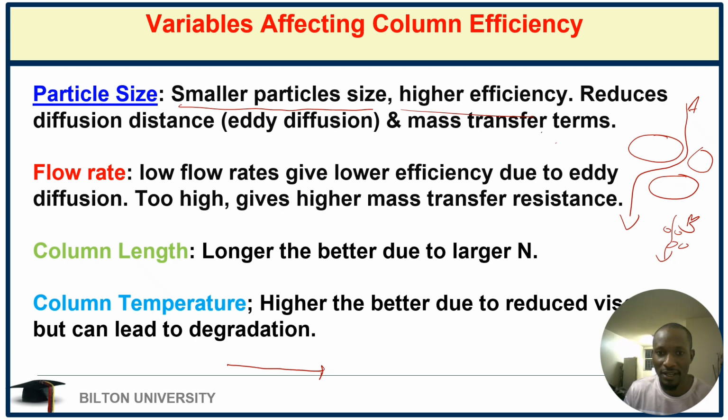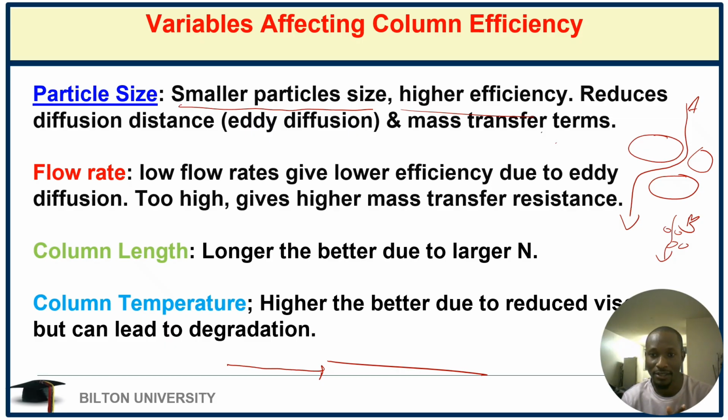But if it just moves like this, boom, you are reducing the time for eddy diffusion to take place, even longitudinal diffusion or any diffusion to take place. So low flow rates, low column efficiency.